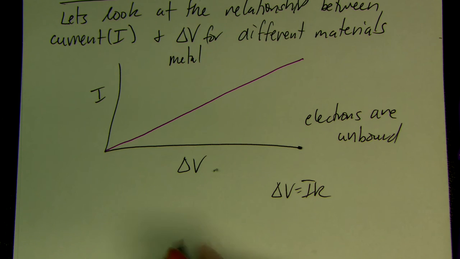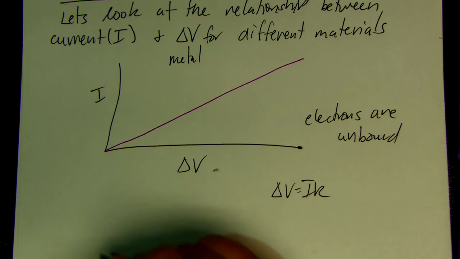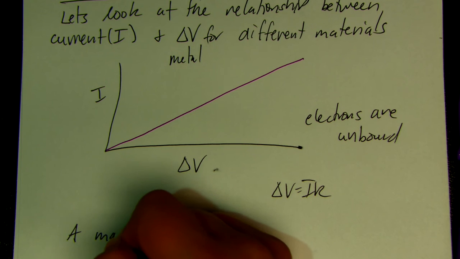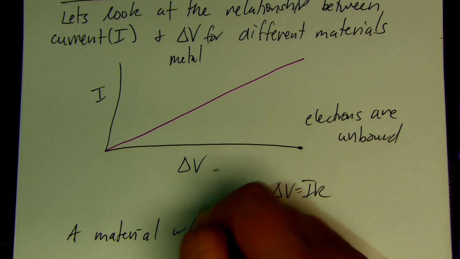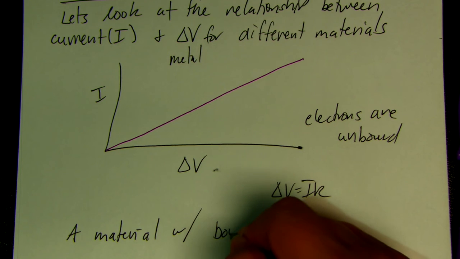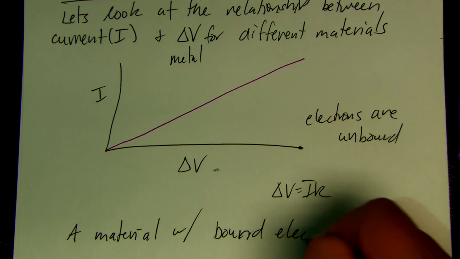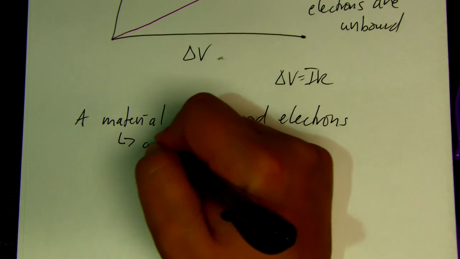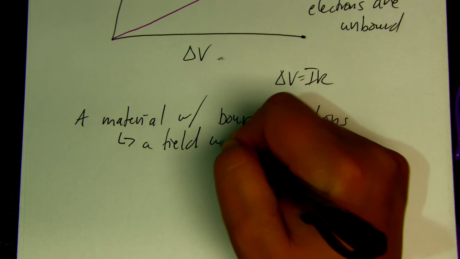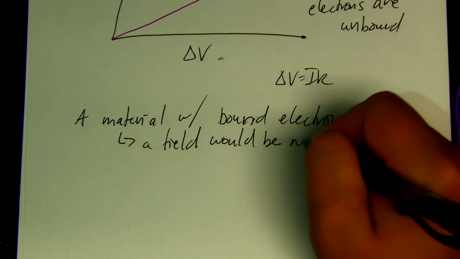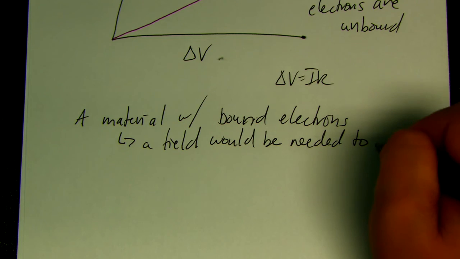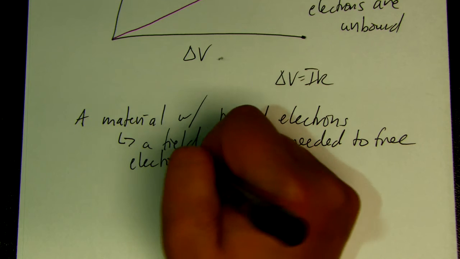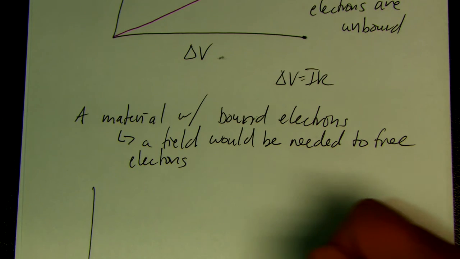Now, let's look at a material with bound electrons. So for something like this, a field could be needed to free the electrons. And once they're free, they'll be able to move.